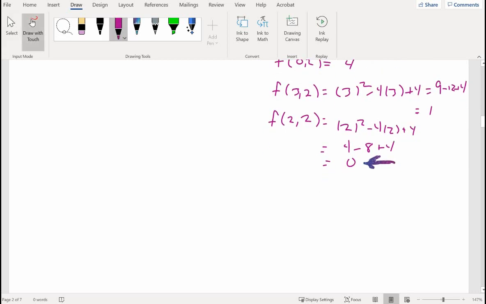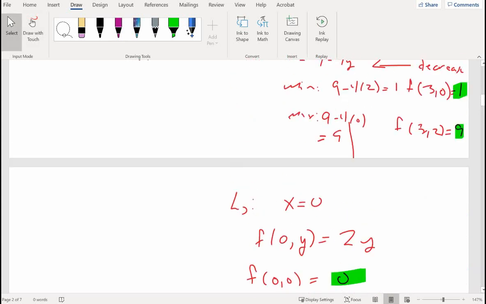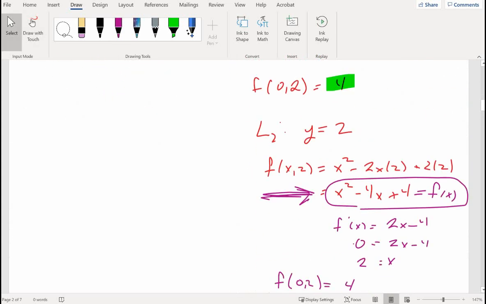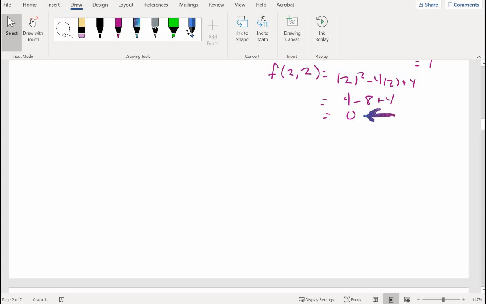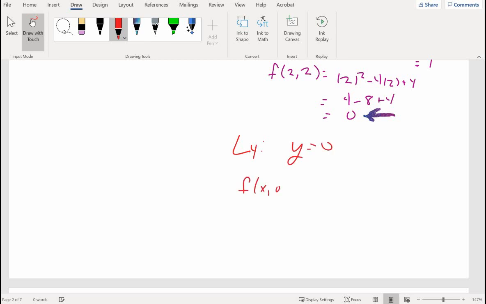So what did I label that one? L4 is when y equals 0. So for L4, we're looking at the function f(x, 0), which is just going to be x squared.